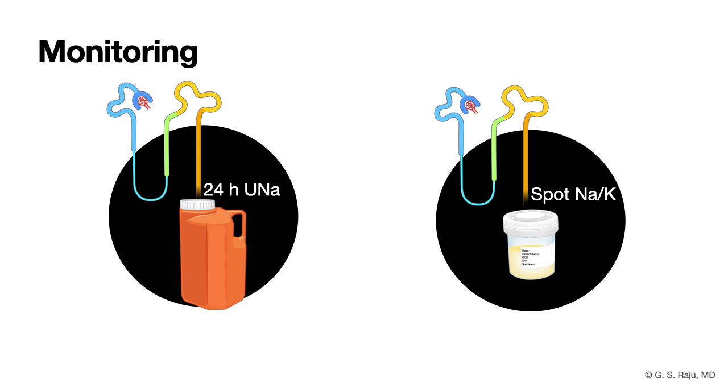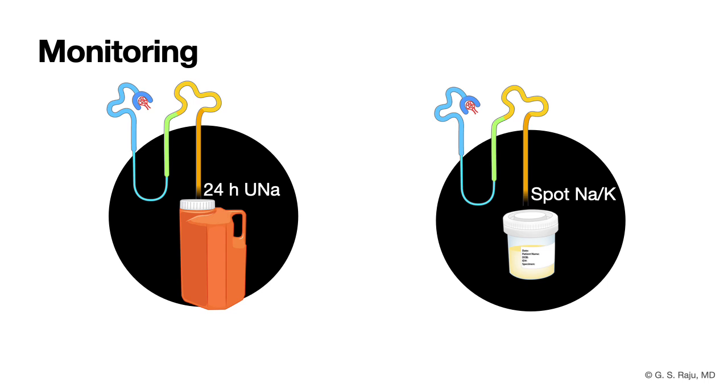So sodium excretion increases, and potassium secretion is blocked, so potassium is retained. So what happens is there is more sodium in the urine and less potassium in the urine. And if the drug is active, you'll have a sodium to potassium ratio of more than 1.